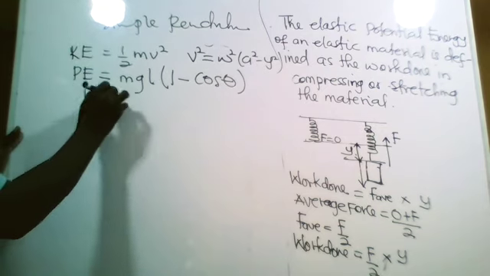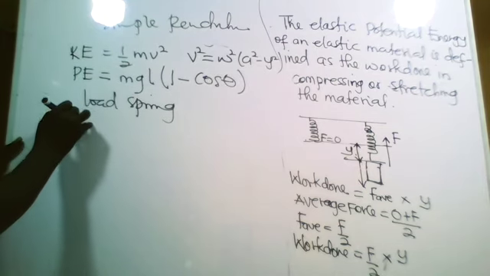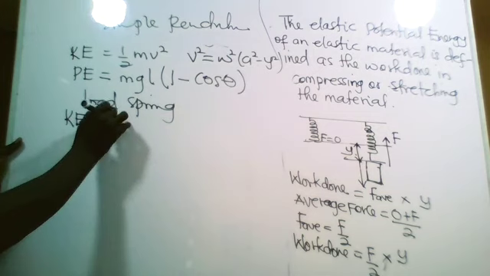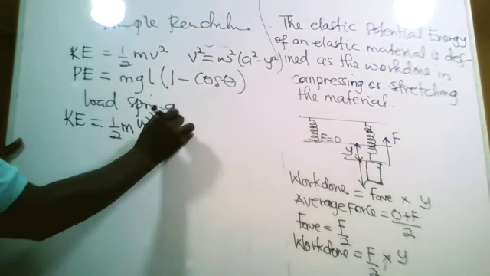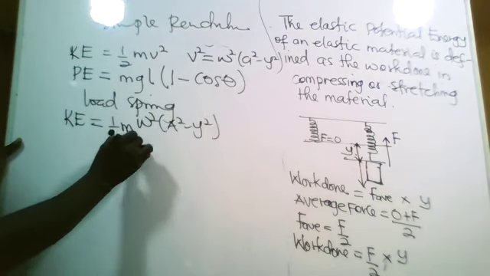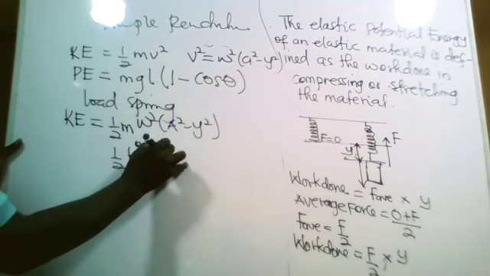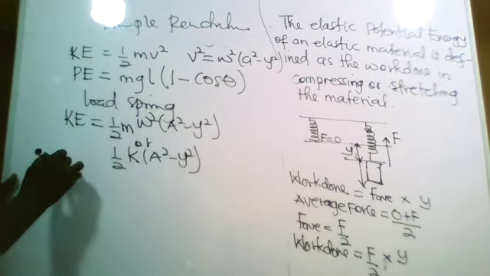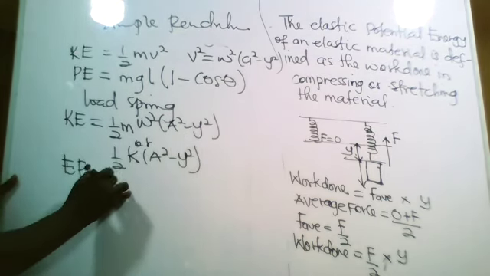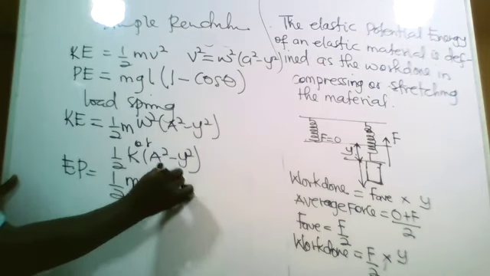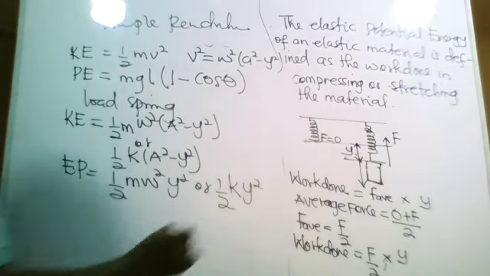For a loaded spring, its kinetic energy, KE, is half m omega squared (a squared minus y squared), or half k (a squared minus y squared). Then PE, elastic potential energy, is given by half m omega squared y squared, or half k y squared.